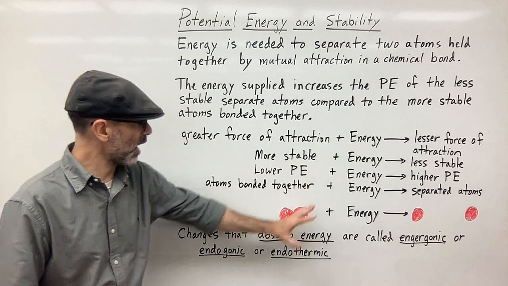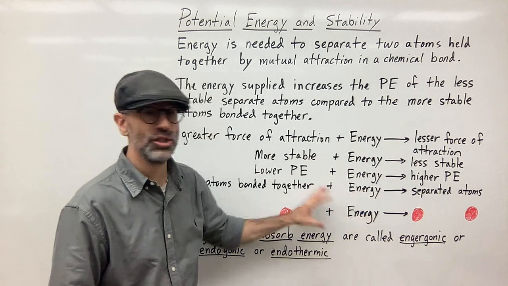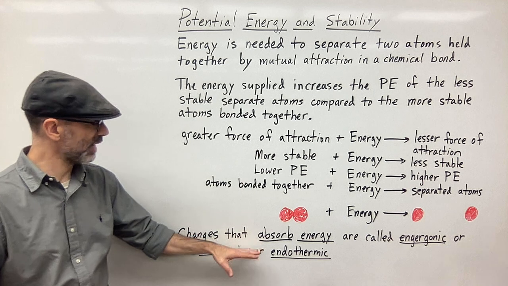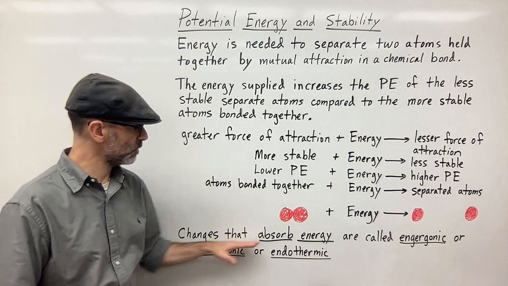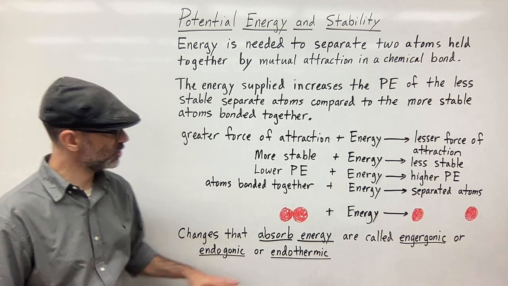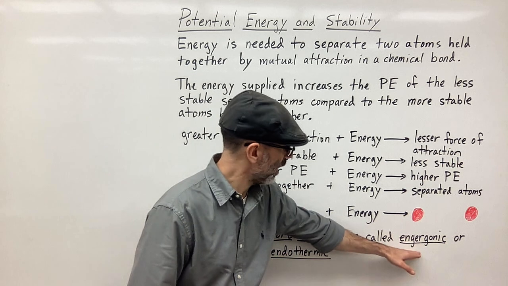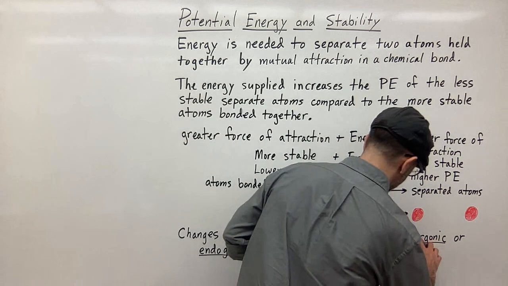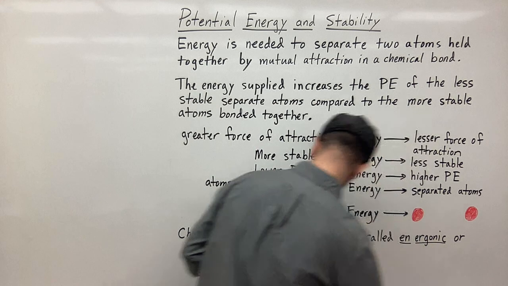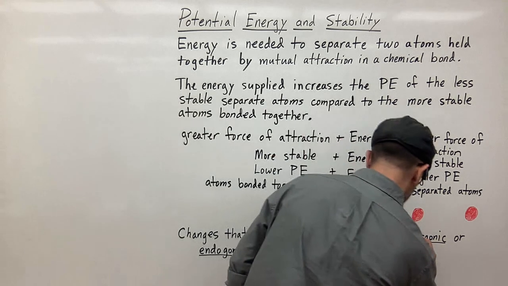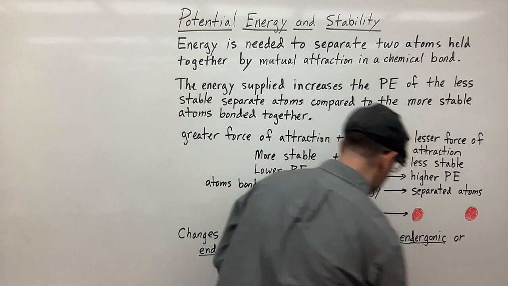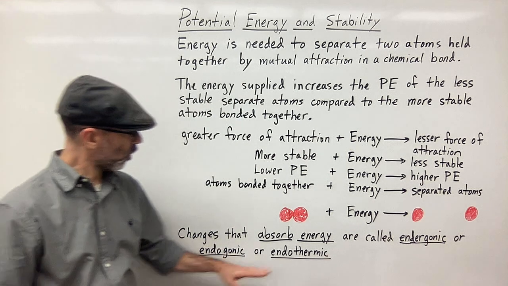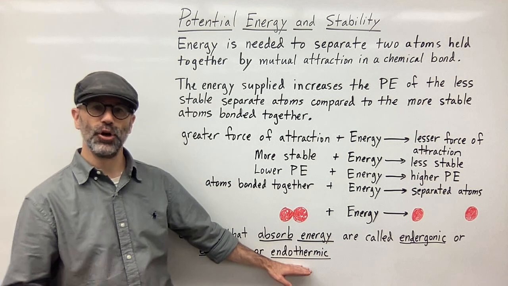So in this process, we've talked a lot about energy being absorbed. When we're talking about changes that are absorbing energy, where energy is absorbed, those changes are called endergonic. Sorry, that should be a D. So that should be endergonic, or it's also referred to as endothermic.